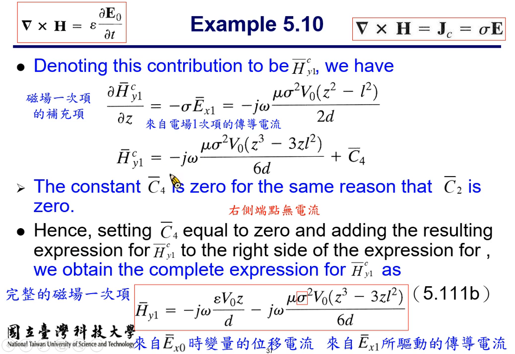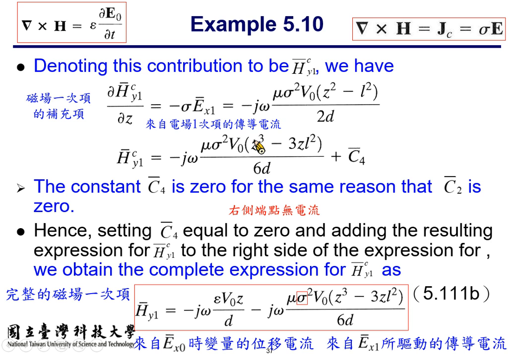You only have the j omega term to the first order, not a second order. So this complementary term is still an Hy1 term. The constant C4 can be found to be 0. Why? Because we need to look at the right-hand side.